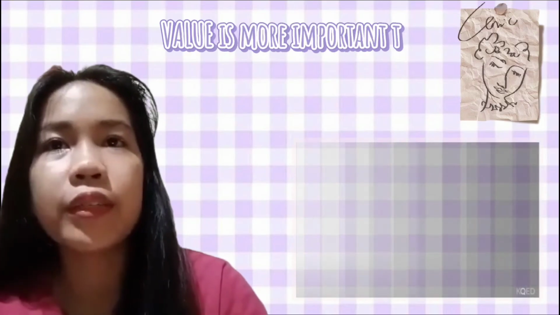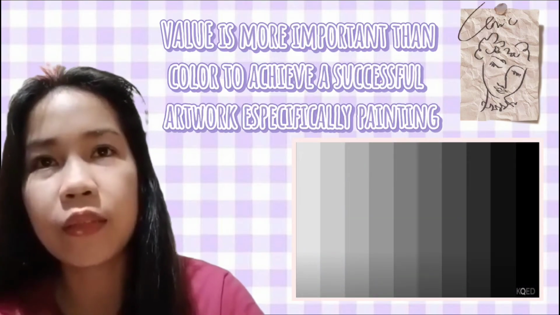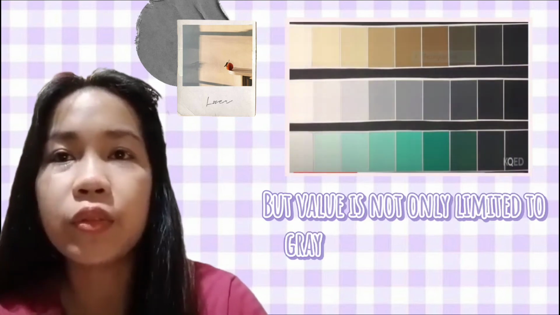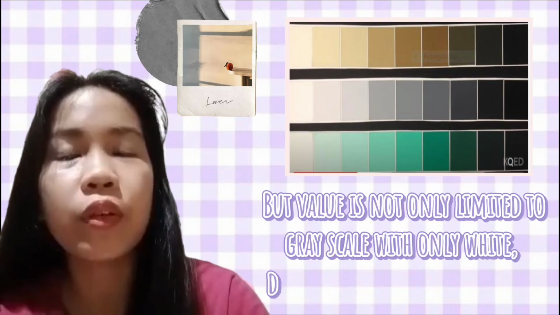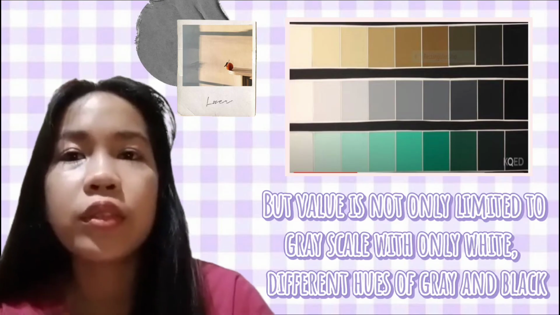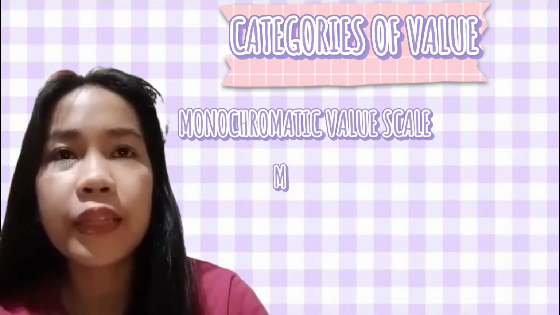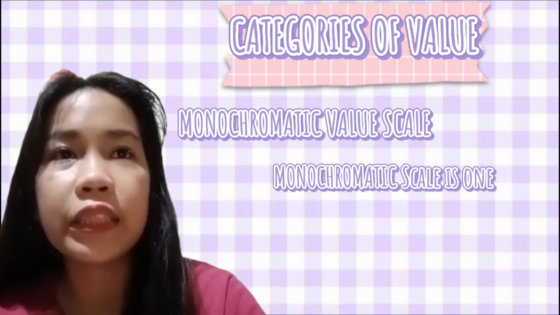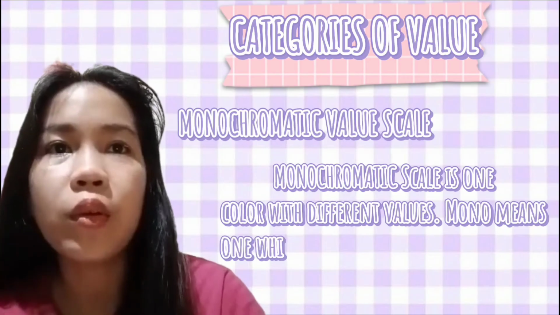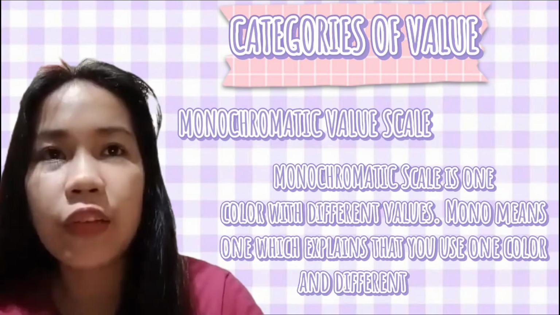Value is more important than color to achieve a successful artwork, specifically painting. But value is not only limited to grayscale. Yung tinatawag na grayscale is a scale with only white, different hues of gray, and black. So there is also the so-called monochromatic scale. A monochromatic value scale is one color with different values. Mono means one, which explains that you use one color and different values.